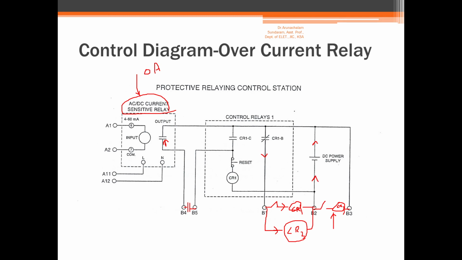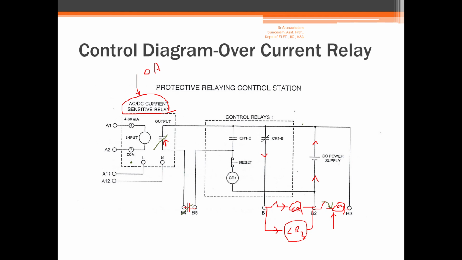But when there is a fault, what would happen? Let me change the color. If there is a fault and you do not close this CR3, you can see a red color light, which indicates that the relay has sensed the fault. Now if you close this CR3, this normally open contact will be closed, and since there is a fault, this contact will also be closed.